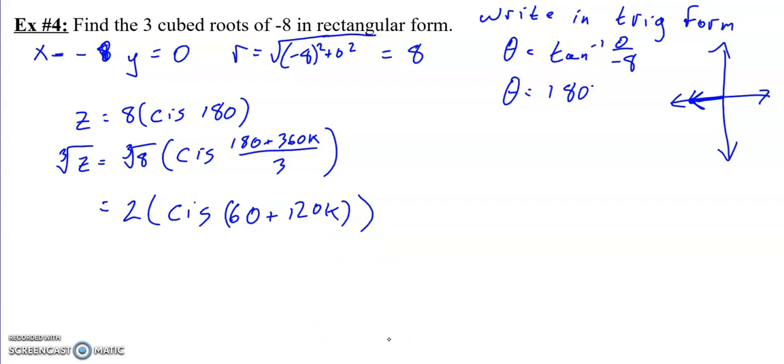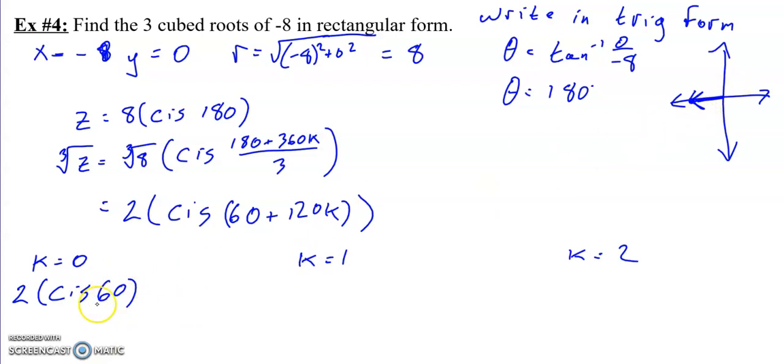Now, let's find them. We want to find the three cube roots. It's a cube root, so we're going to find three values. What we are going to do is make k equal 0, k equal 1, and k equal 2. So when k is 0, this is just a 60.